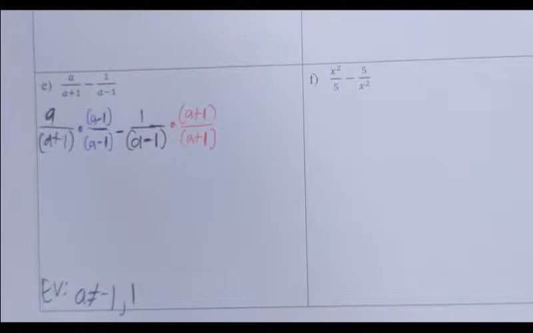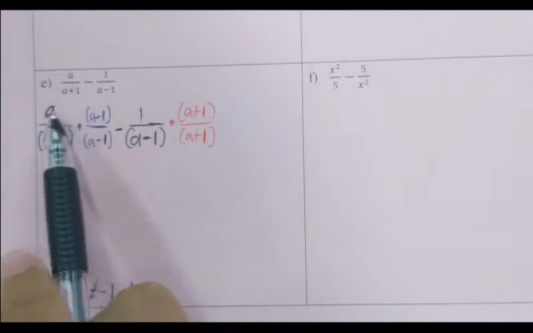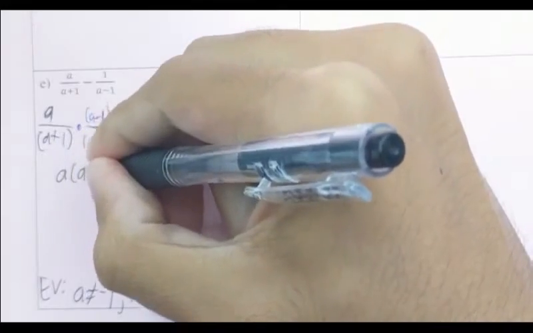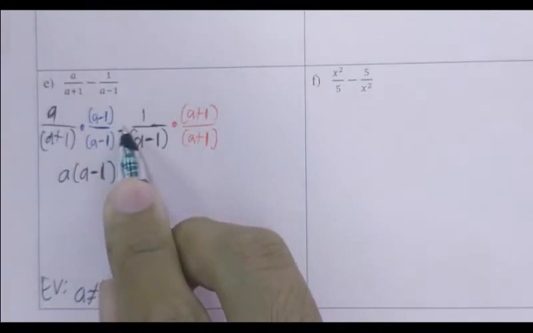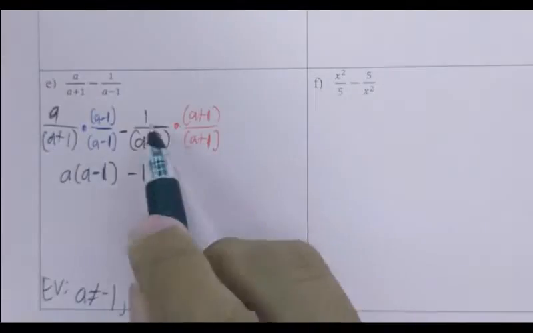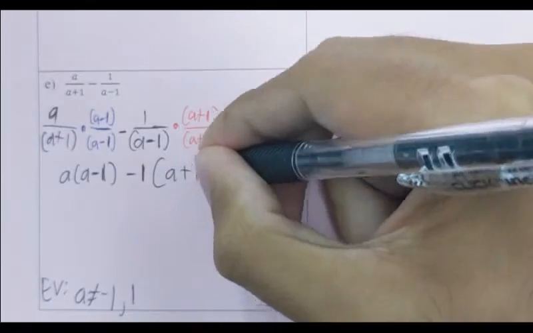Okay, so I'm going to do this next part without distributing yet. In this left numerator, I have a times a minus 1. Then I have a minus 1. And then this -1 multiplies the a plus 1.